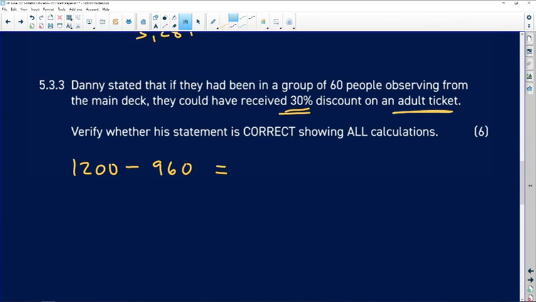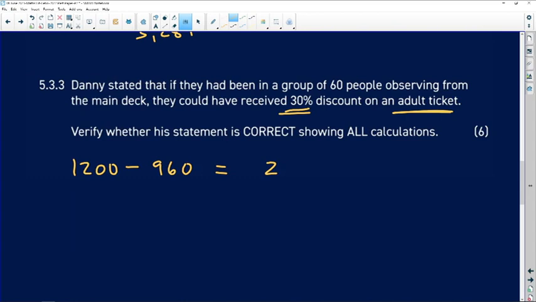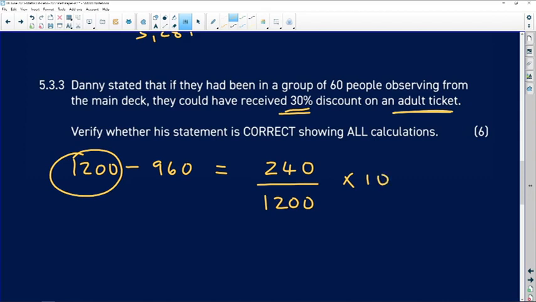1,200 minus 960 is 240. But because we are looking for percentage, we have to calculate this 240 over the total, which is 1,200, and multiply it by 100. Actually, this is percentage difference.